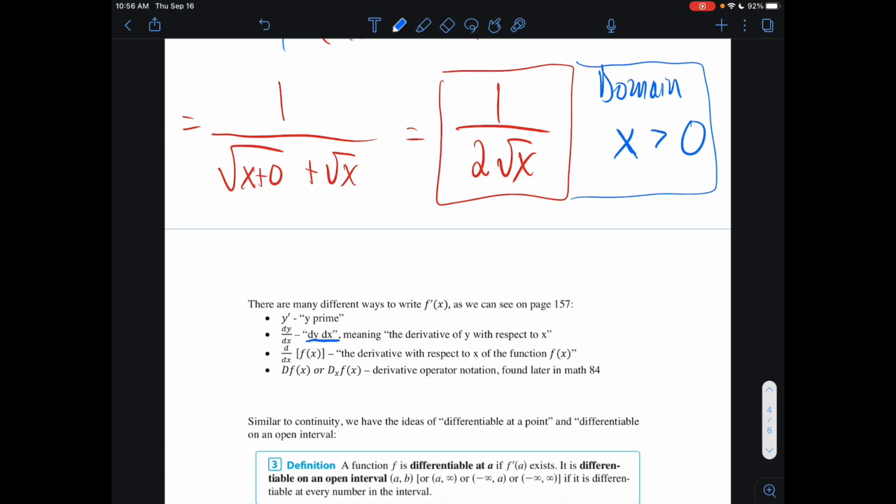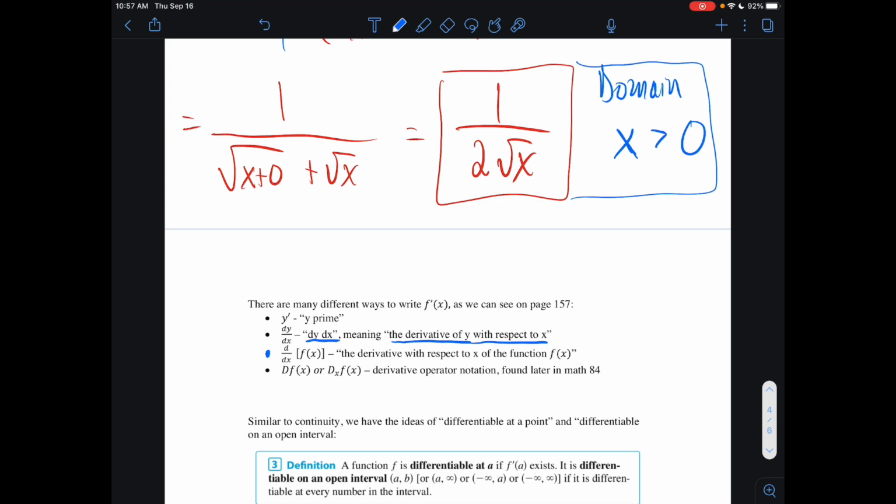And the way that you want to interpret that is like this. The derivative of y with respect to x. Y is the output, so you're taking the derivative of that with respect to the input x. You can also write a similar notation as d dx of f of x.